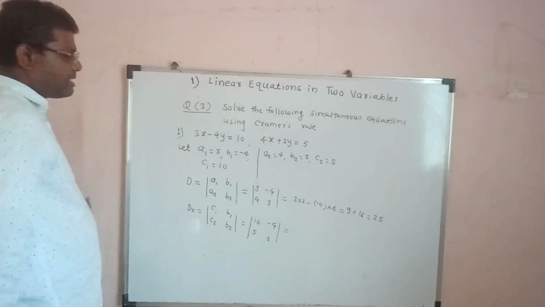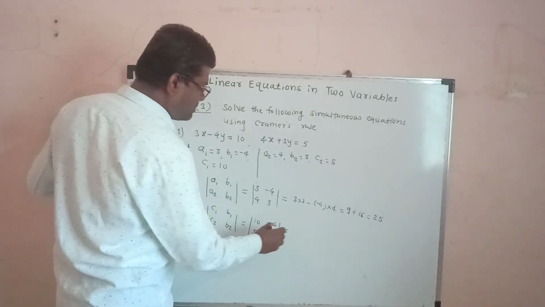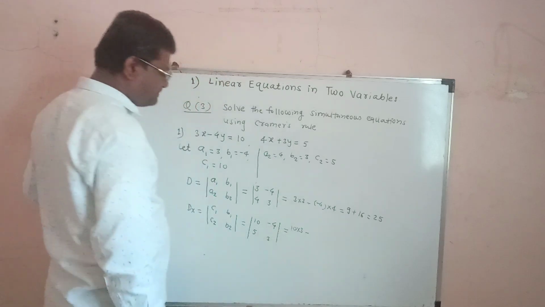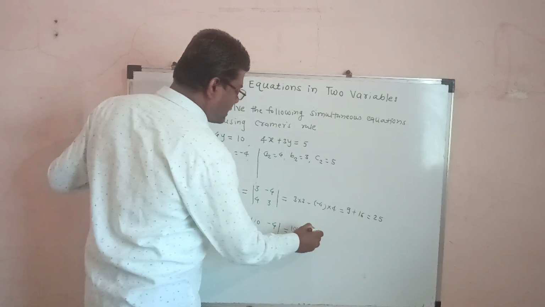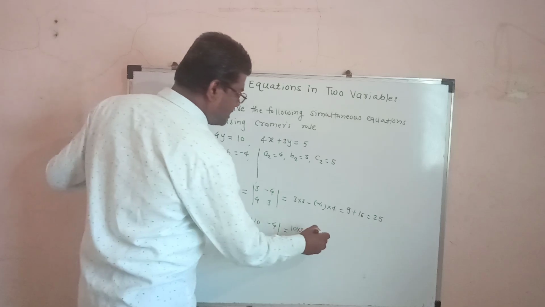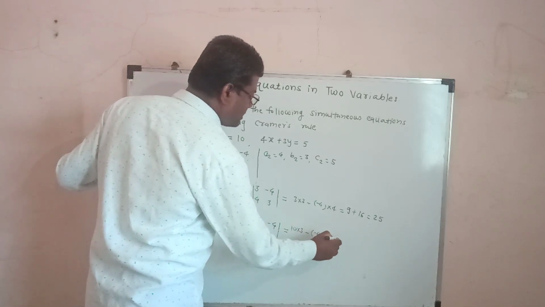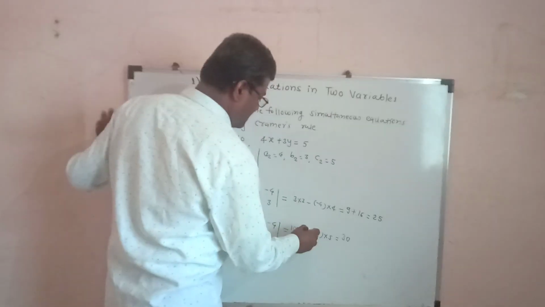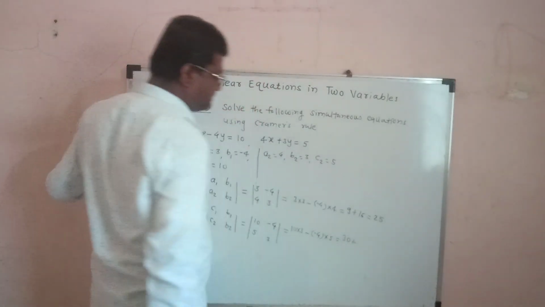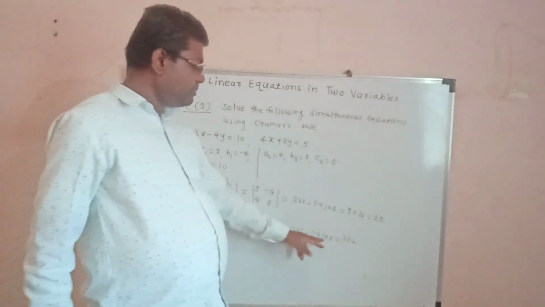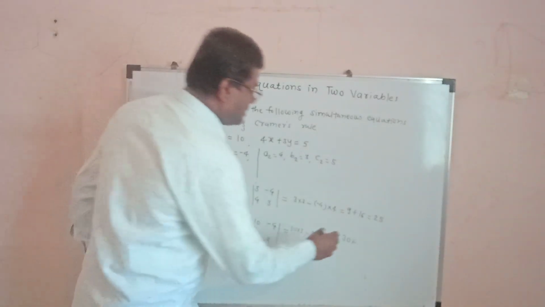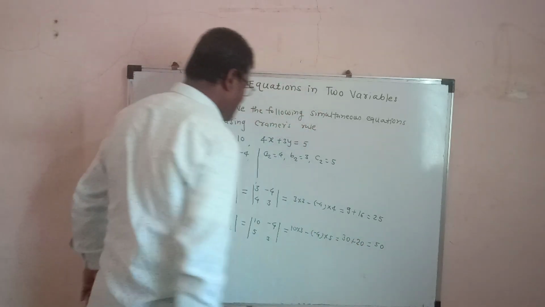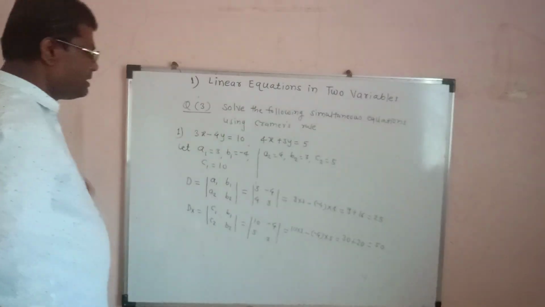Taking cross multiplication, 10 into 3 minus (minus 4 into 5). 10 into 3 is 30, minus minus will be plus, and 4 into 5 is 20. Therefore 30 plus 20 is equal to 50. The value of Dx is 50.